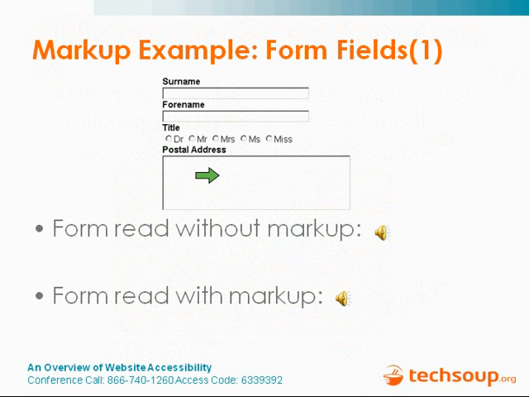And then there's an extended form field where they're asked to type in their postal address. Now, the labels, surname, forename, title, the various titles, and the postal address need to be explicitly associated with the fields so that the screen reader user can hear them. And Kevin, I'm going to ask you to play the first file so that people can hear what this would sound like if the form fields are not correctly marked up.